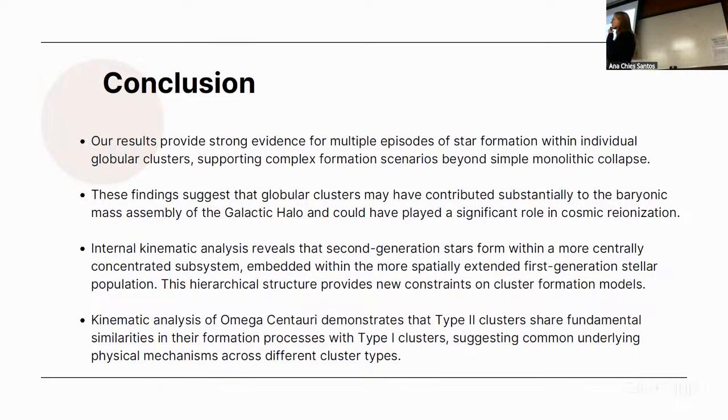Just a comment: LSST will have proper motions over its 10-year baseline, which will amount to 1 milliarcsecond per year for a 24th magnitude star in our band. So that's much fainter than Gaia.